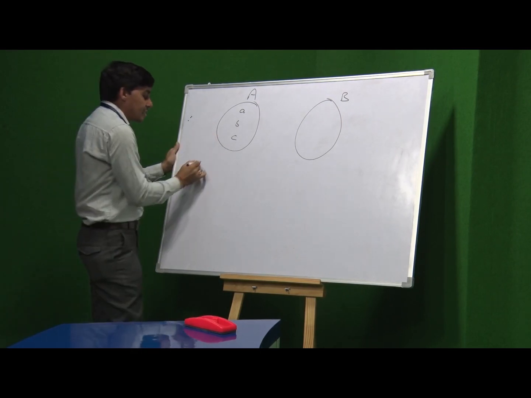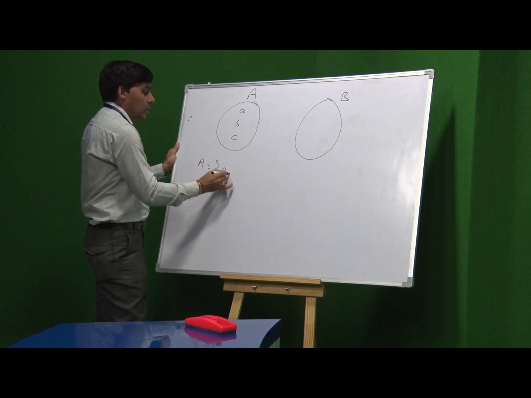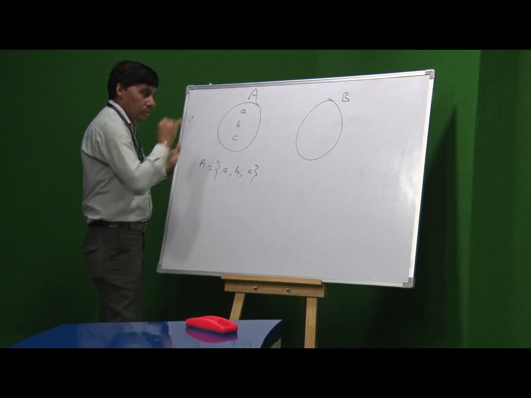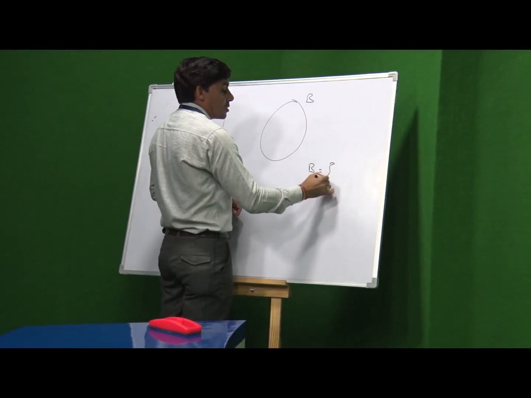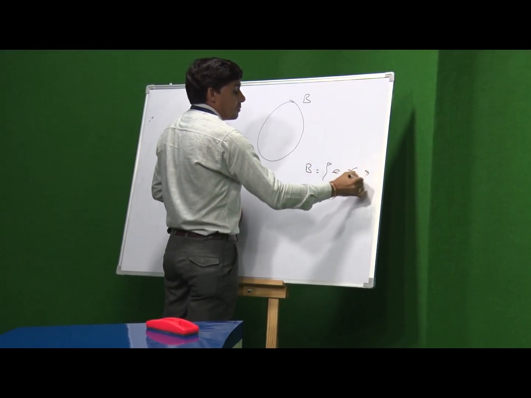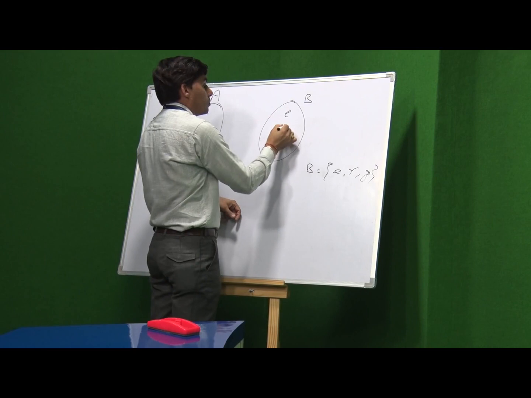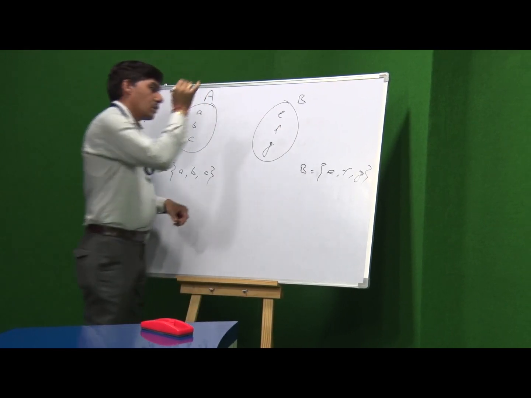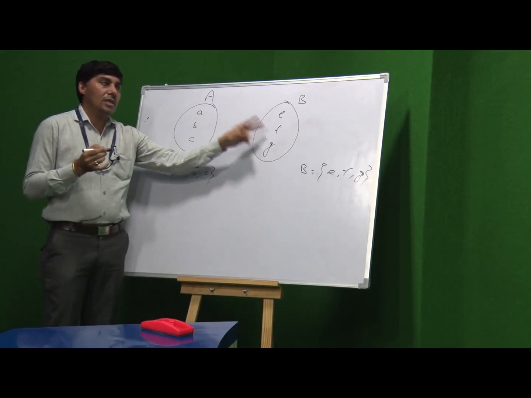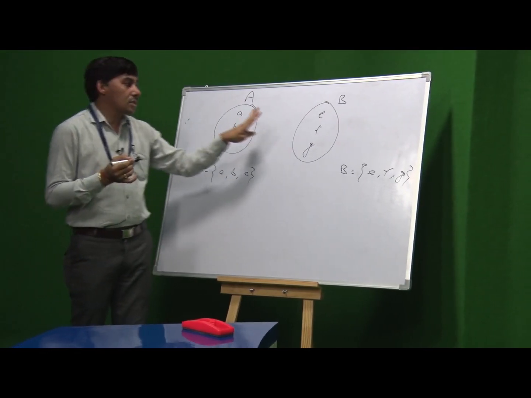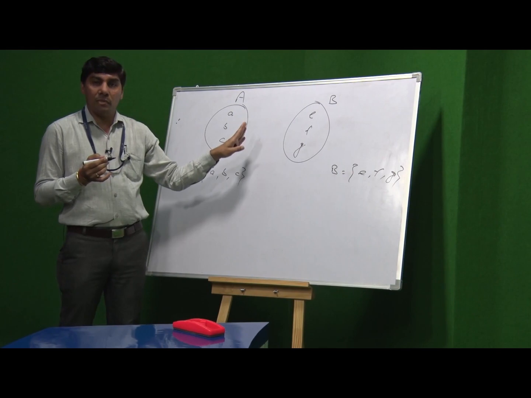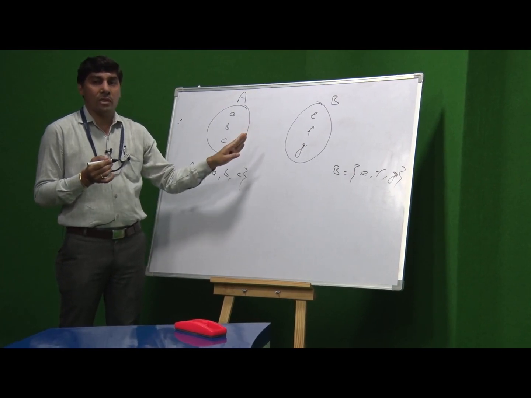We can write it as A equals {a, b, c}. Similarly, the set B in which e, f, g, there are 3 elements in B and 3 elements in A. It is not compulsory that these two sets have the same number of elements, they may be different.